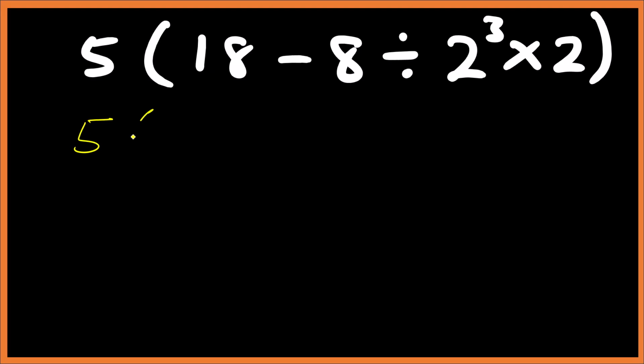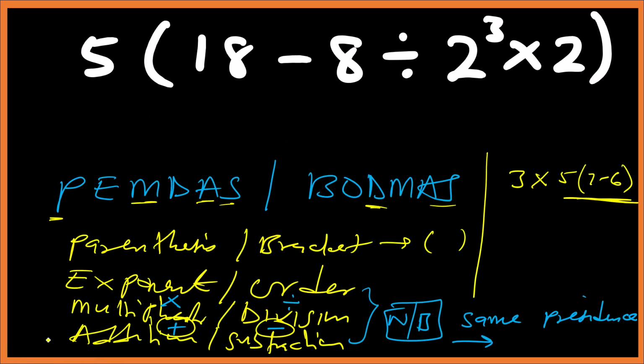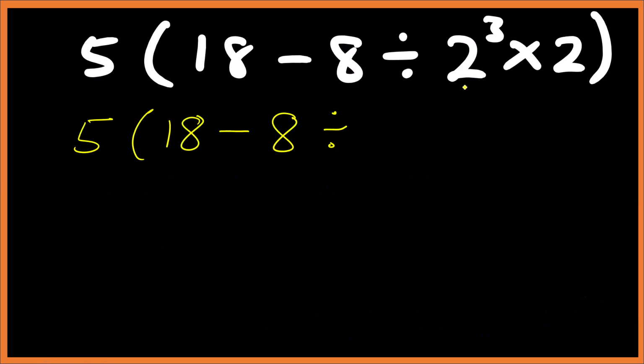We have 5 times 18 minus 8. Remember, after the parentheses, the next thing is exponent. So let's deal with the exponent. This is 2 to the power 3, that is 8. So I'll put 8 here, times 2.